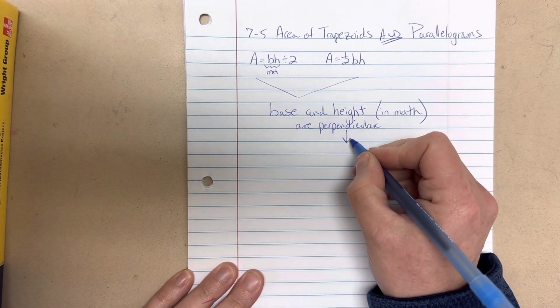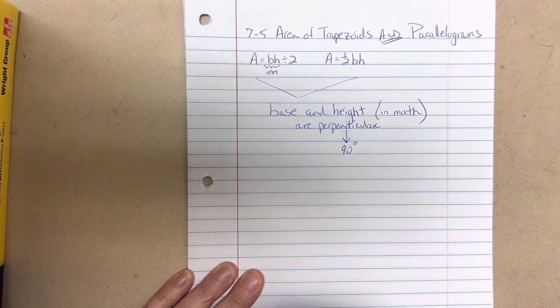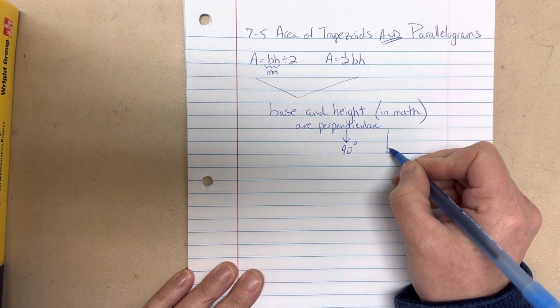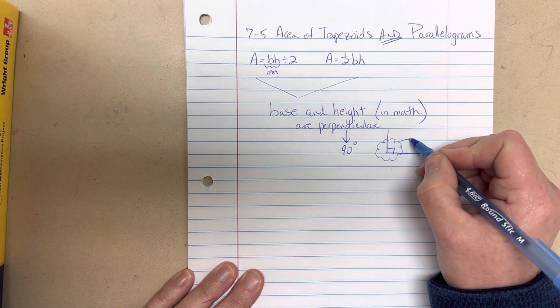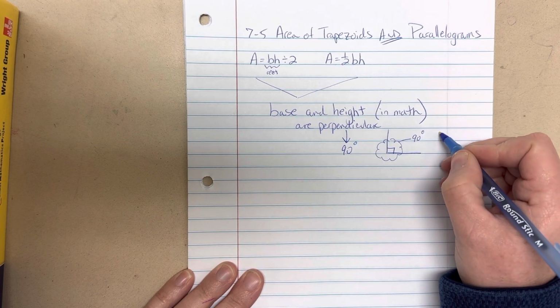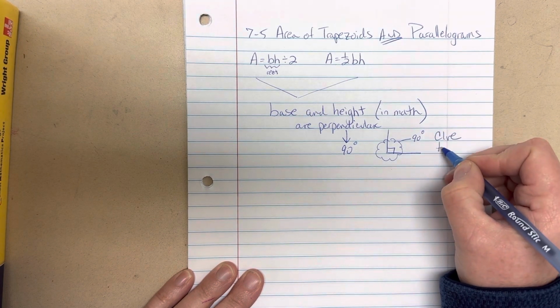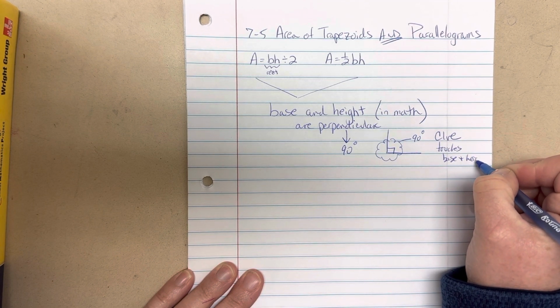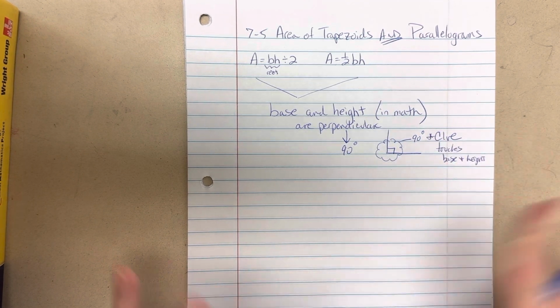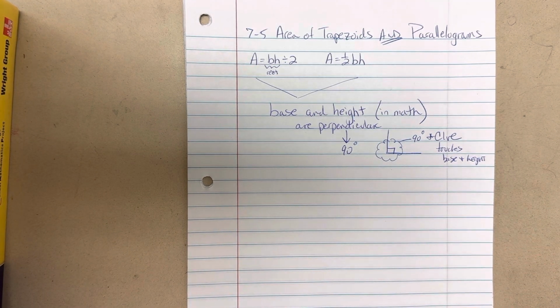And perpendicular is a fancy name for 90 degrees. There's a little bit of review. We talked a lot about this symbol. This symbol tells us that it is 90 degrees. It is our clue because it touches the base and the height.